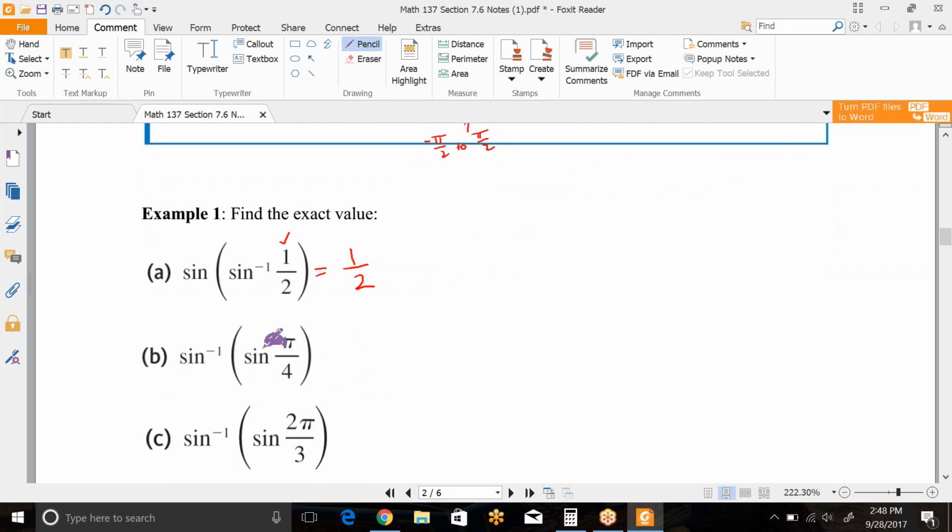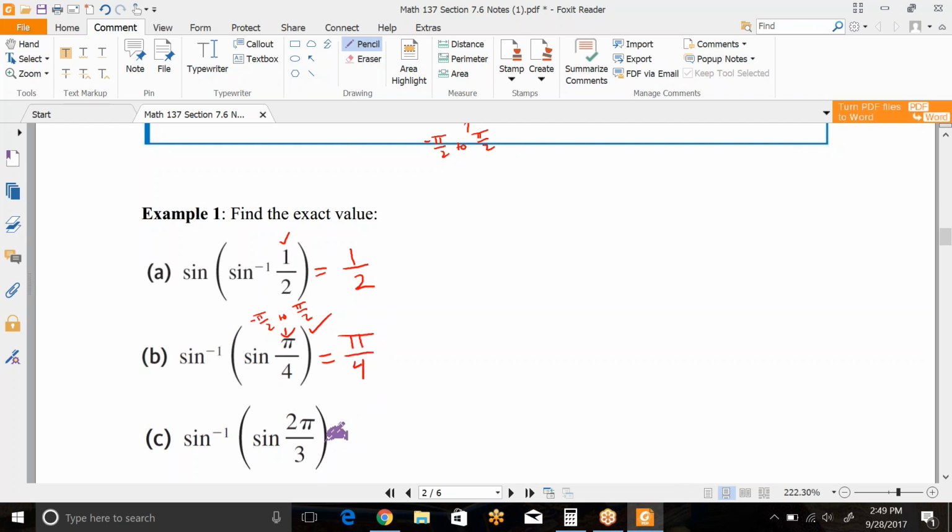This time the regular sine is inside and the inverse is on the outside. So if the regular sine is inside, you should be looking at an angle here. As long as this angle is between -π/2 to π/2, which is our domain for our inverse sine, then we're good, and it is. So the answer is the composition and the function cancel each other out since they're opposite operations, and we just get π/4.